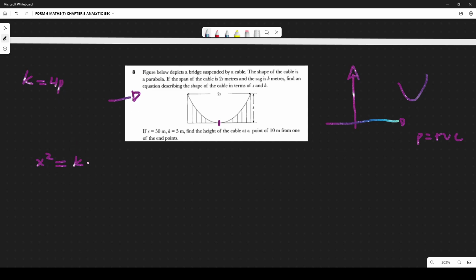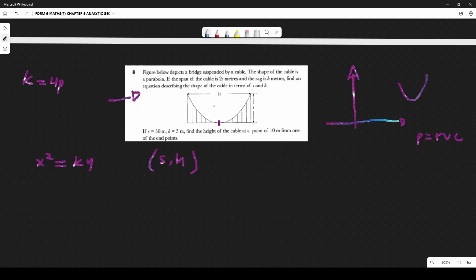Or 4p times y. From this, what can we do? Since this is s and this is h, any point here is like s and h.